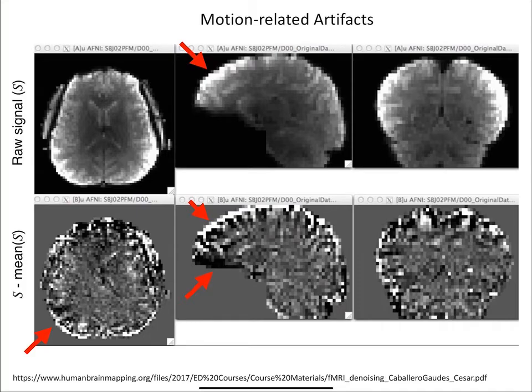So typically if you're looking at an fMRI data set, a good first thing to do is to click on the edge of the brain and look at the signal there, and that will typically give you motion, because for any given voxel on the edge of the brain, as the subject moves, the brain is coming in and out of that voxel, right? So the signal change is going to be very big. This is just showing very bright signal changes at the edges of the brain due to someone nodding, which is very common.